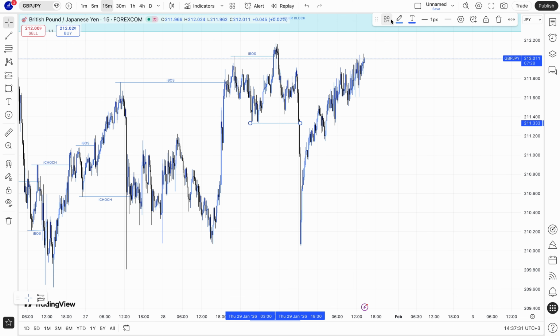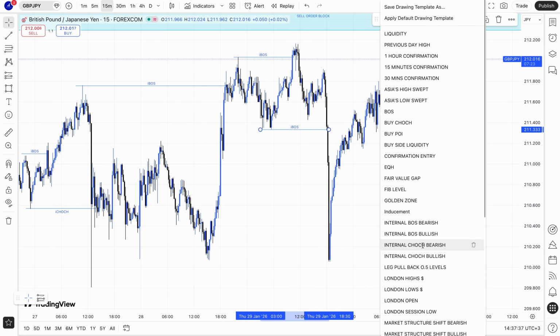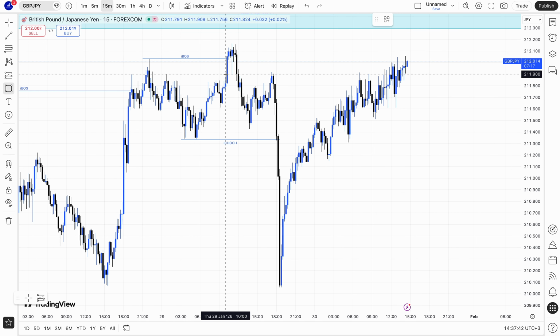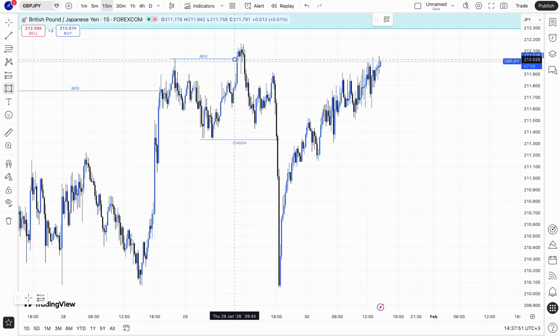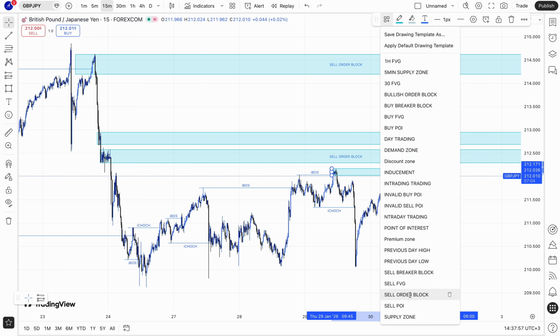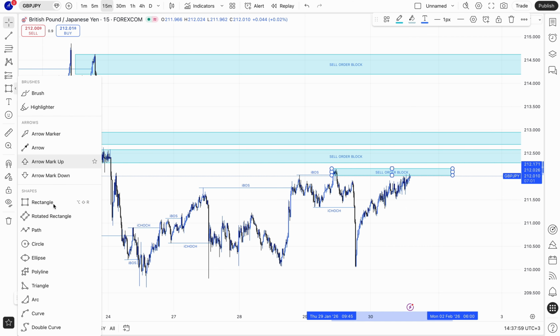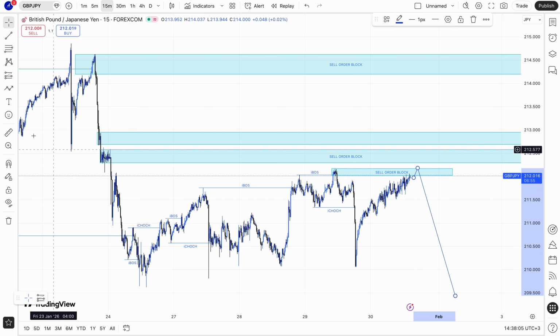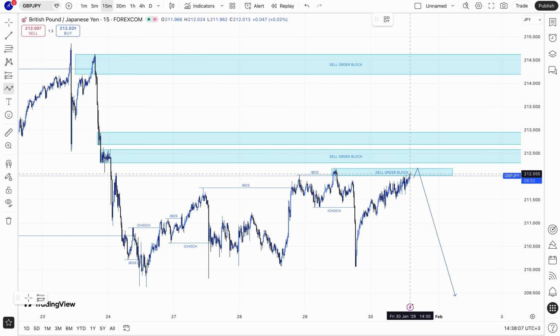Then change of character here to the downside, change of character to the downside, then this is a supply zone on the block. So I have several scenarios here. After getting confirmation from here, and then you have also this one, you have this supply, this supply.